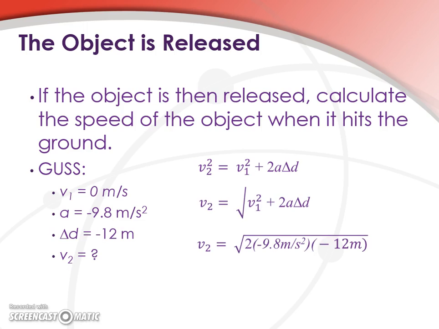We can rearrange our standard equation to get v2 squared equals 2 times negative 9.8 meters per second squared times negative 12 meters. And again, fairly simple algebra, and we wind up with our velocity equals 15 meters per second.